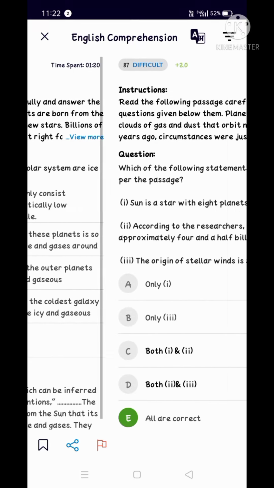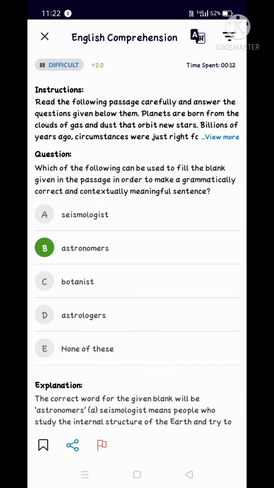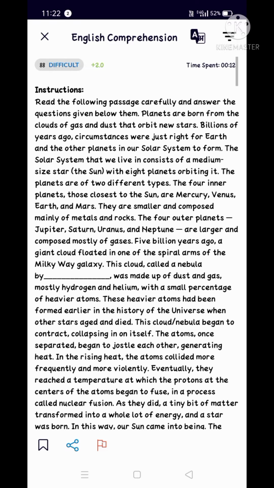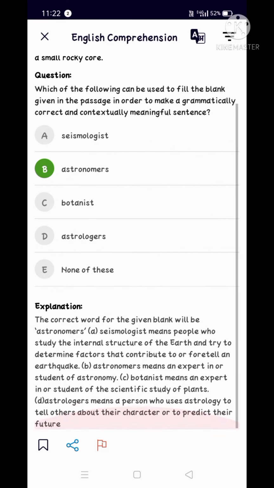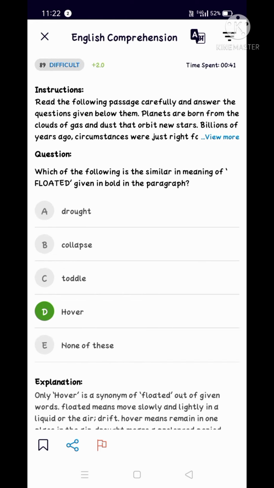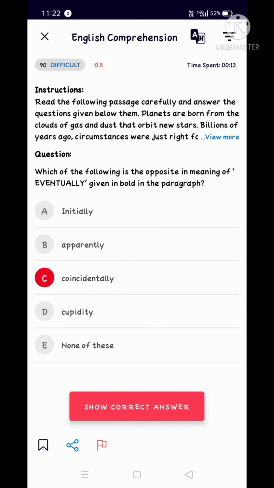And next, in a paragraph there was a blank mentioned, and you have to replace it with one of the five words given there. That kind of question was asked. And the meaning of floated is hover. So I got it correct.